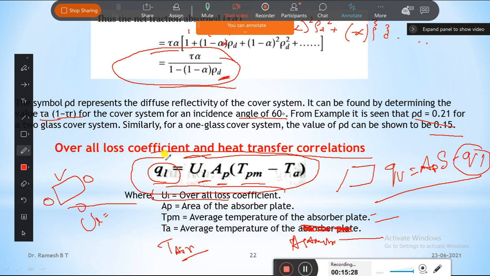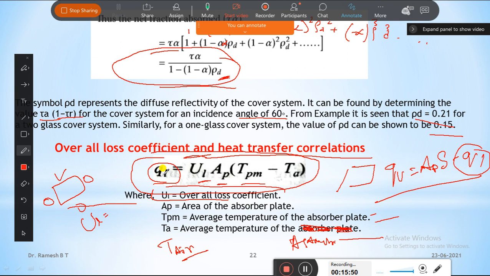For overall heat loss, you should remember Q1, QL. You can call it either QL or Q1, so take this as QL, small l. Overall heat loss is equal to UL Ap (Tpm minus Ta).